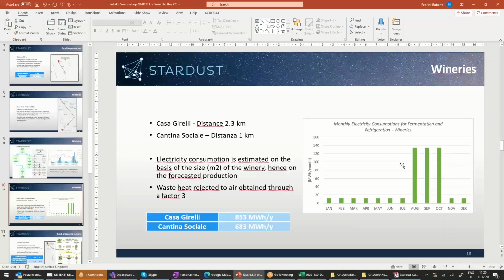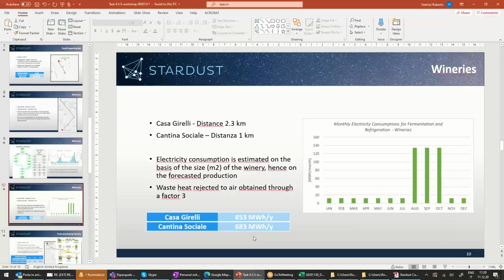This is the electricity consumption for the two companies, and this results in a waste heat that today is rejected into air of more or less 3 times more.